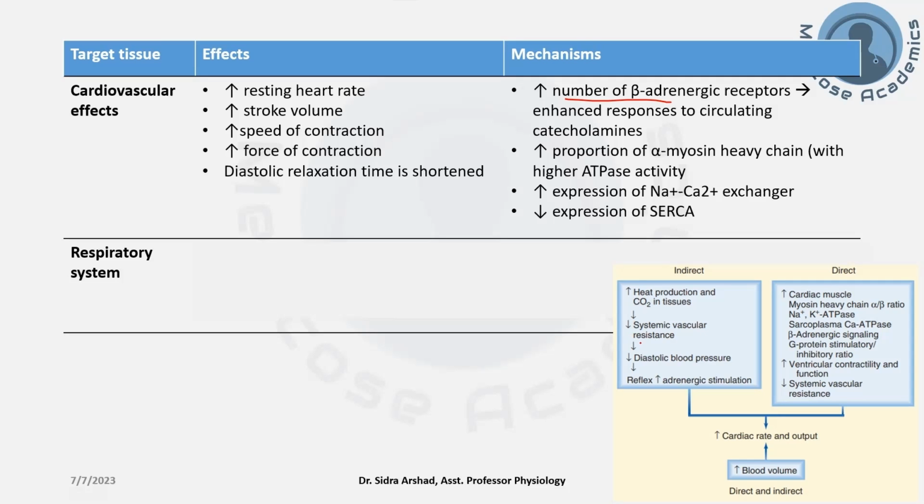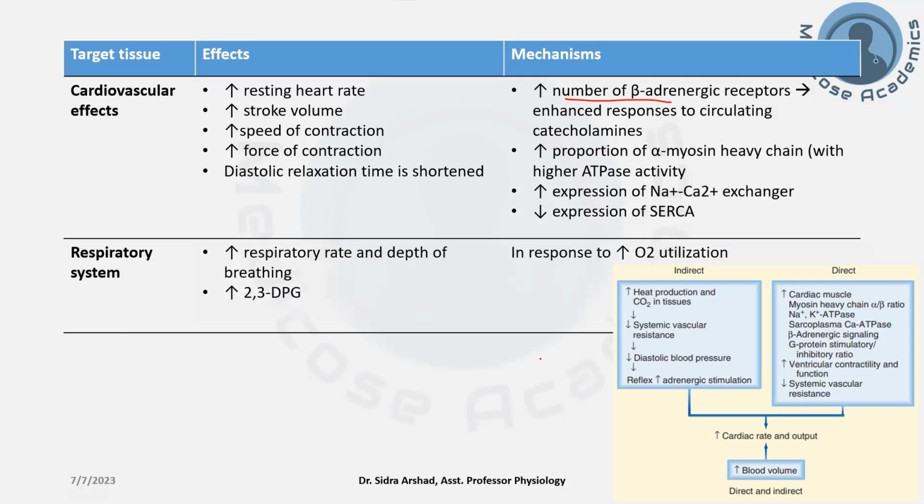Decrease in systemic vascular resistance results in decrease in diastolic blood pressure, and when this blood pressure is decreased, there is marked sympathetic discharge. So there is reflex increase in adrenergic stimulation. So both of these indirect effects and direct effects increase the cardiac rate and output and increase blood volume. So the patients of thyrotoxicosis are prone to develop high output cardiac failure.